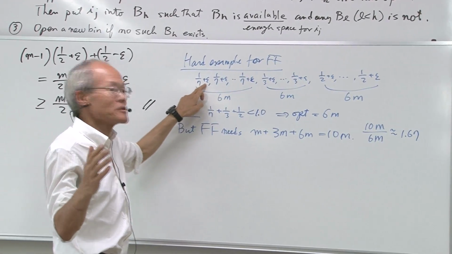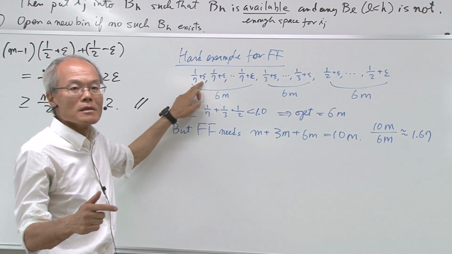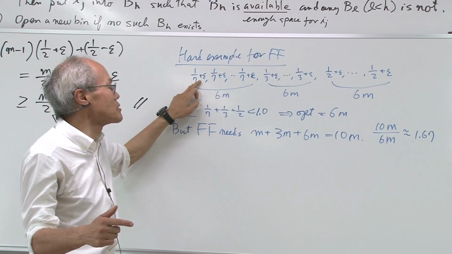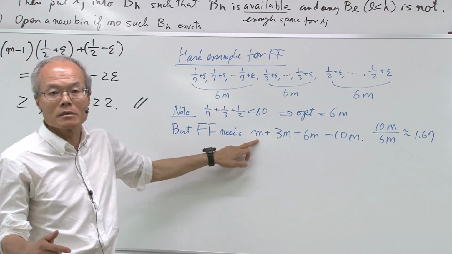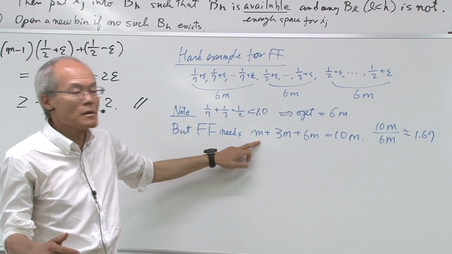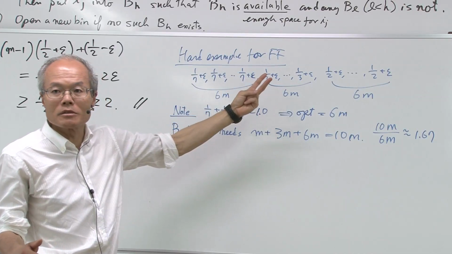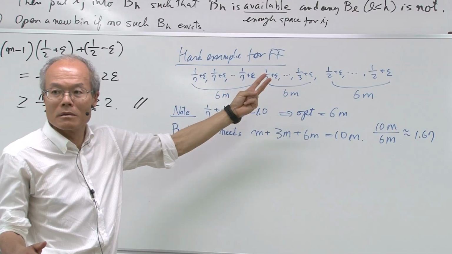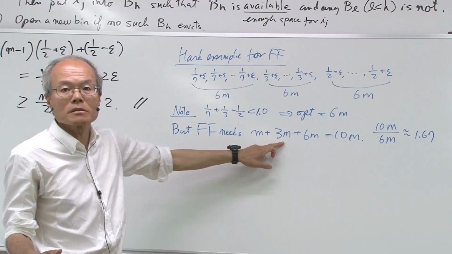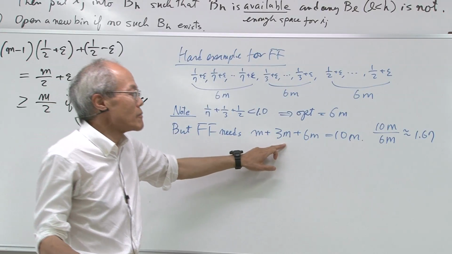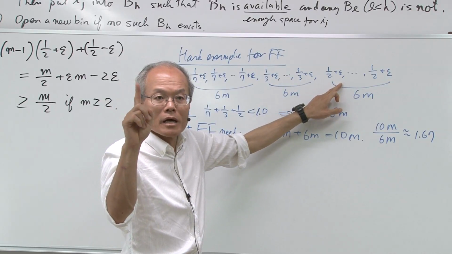Because 1/7 plus epsilon, epsilon is a positive value, so we can't put 7 items. So we can put 6 items into one bin for this group. That means we need m bins for the first group. For the second group, we can put 2 items into one bin, right? That means we need 3m bins. For the last group, we can put only 1 item in each bin.